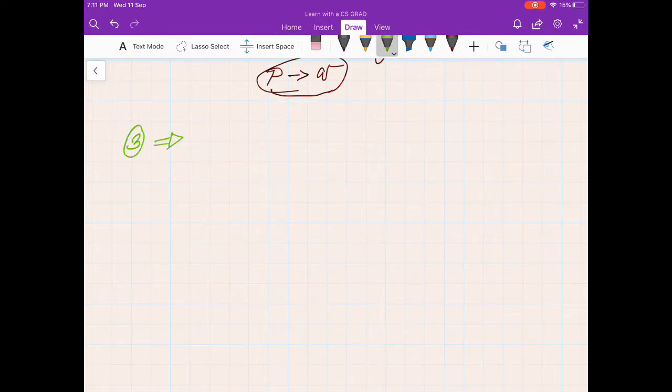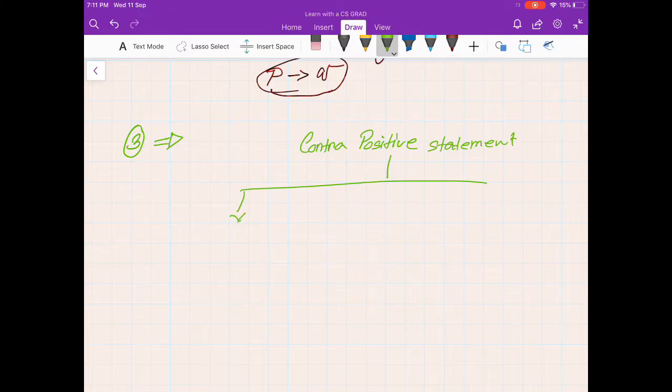In proof by contraposition, we have to remember two things. The contrapositive statement is a combination of two things. One is the statement has to be inversed, same as before, and it has to be conversed.